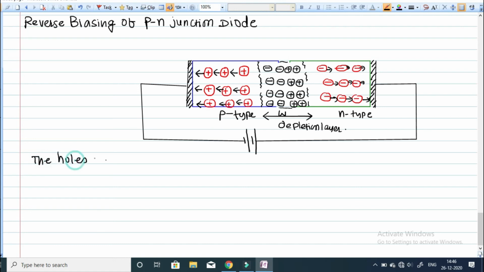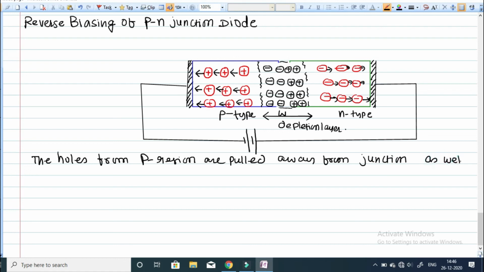The holes from the p region are pulled away from the junction, as well as the electrons from the n region are pulled away from the junction. Thus a depletion layer is formed near the junction, because the junction becomes free from any charge.